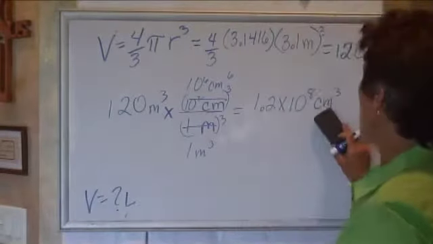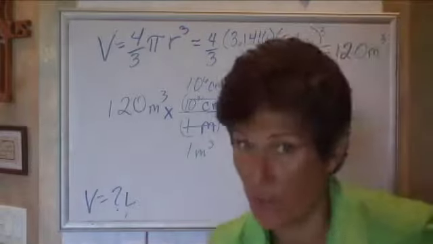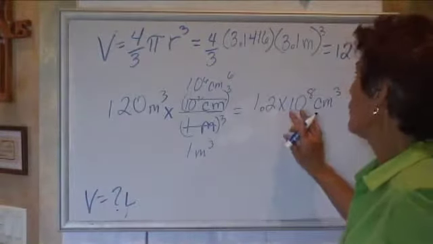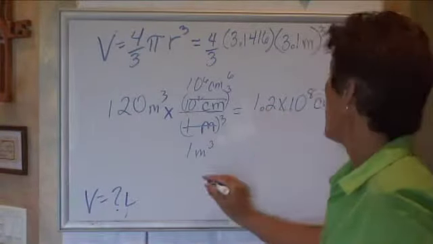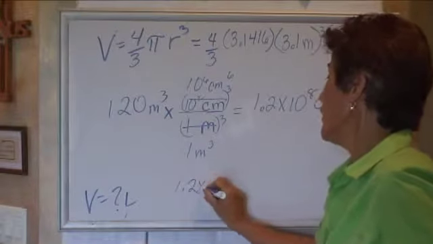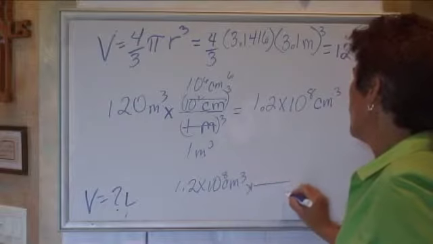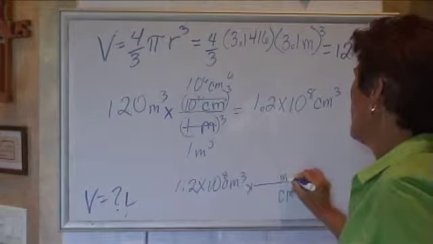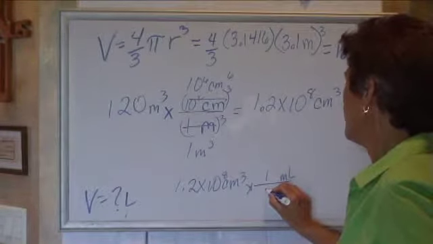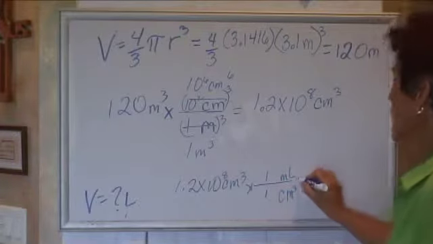Then now we're going to take this, and if you're this far, whatever number you got here, if you took that number and converted it from centimeters cubed to milliliters, which is a 1-to-1, right?